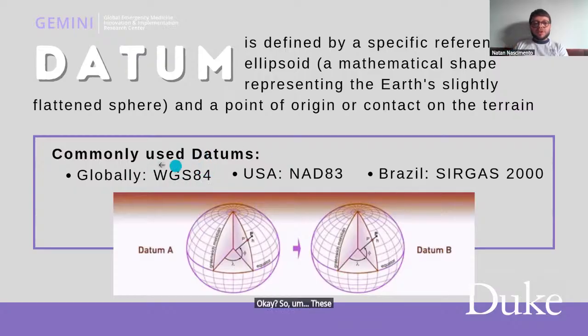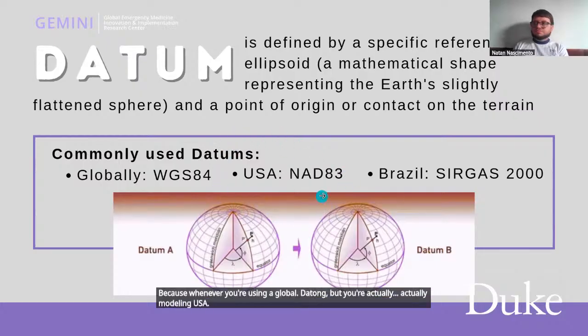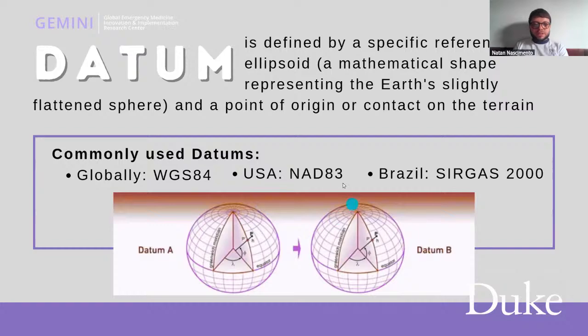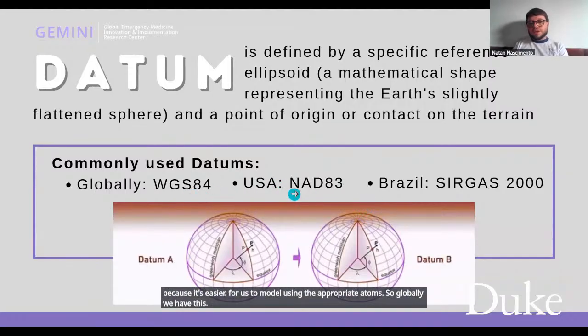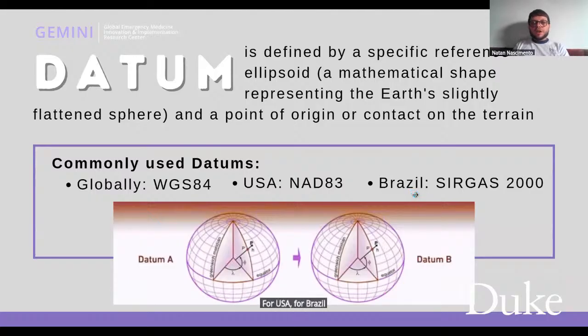These are codes that we need to know, because whenever you're using a global datum but you're actually modeling an analysis that is strictly for the USA, you're going to prefer NAD 83, because it's easier for us to model using the appropriate datums. So globally, we have this, for USA, for Brazil. I looked it up for Tanzania.